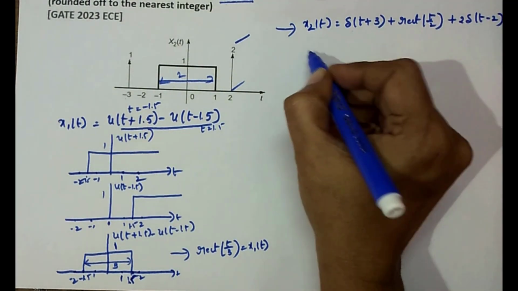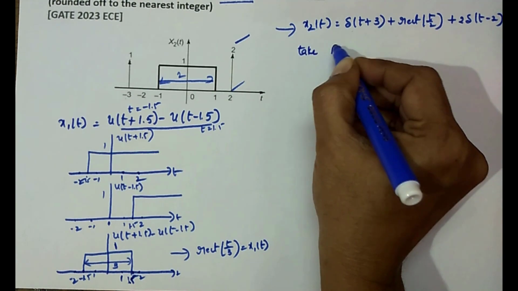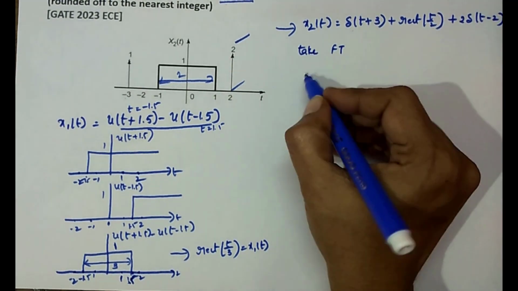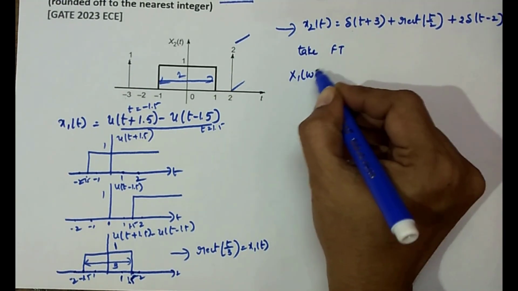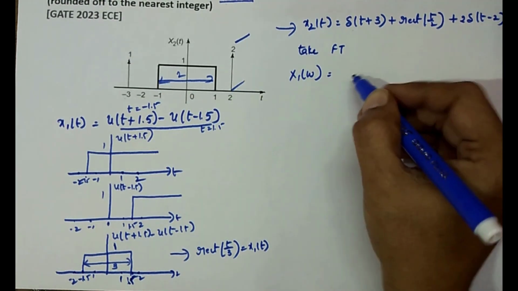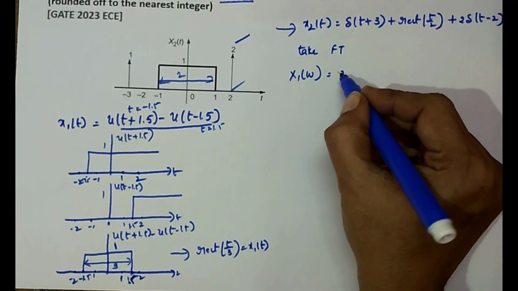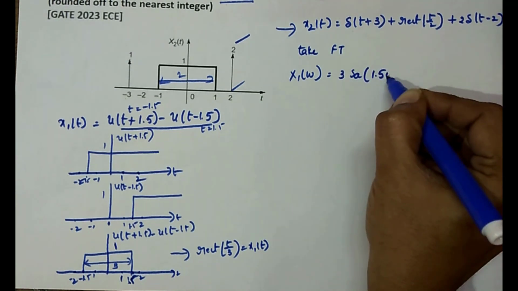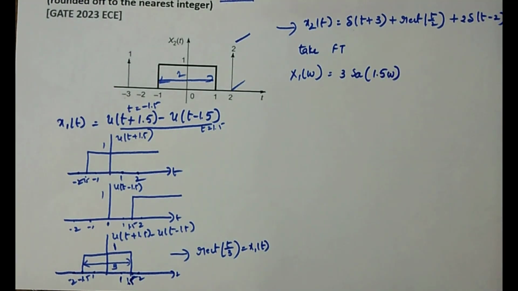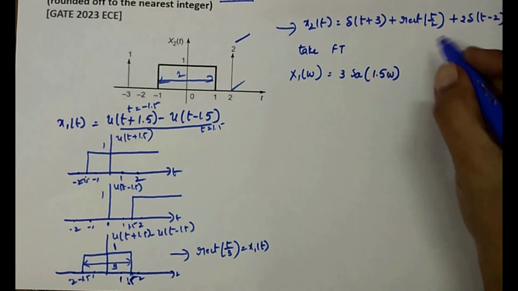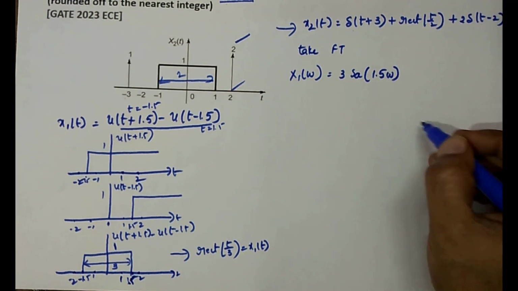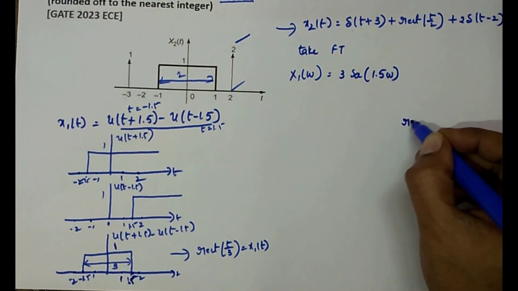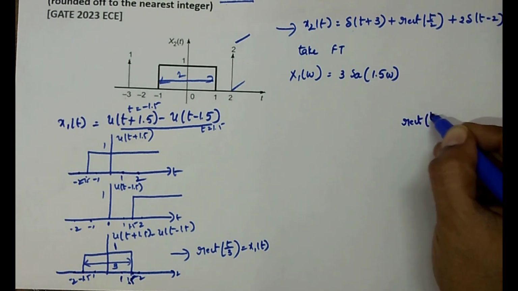Then take the Fourier transform. Then your x1 of omega is nothing but 3 into Sa of 1.5 omega. There is one identity, just note it down.